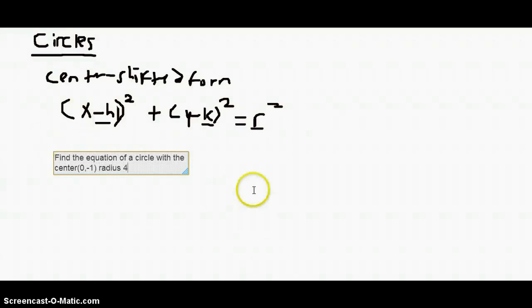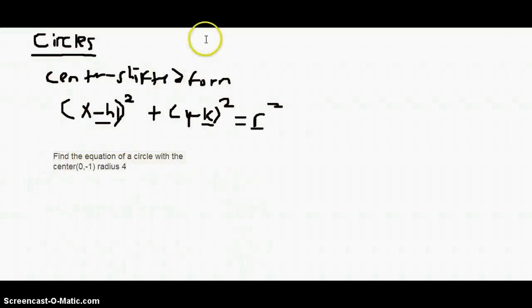So here, they give us the center and the radius. From the center we have h comma k, so h equals 0 and k equals -1, and radius 4.